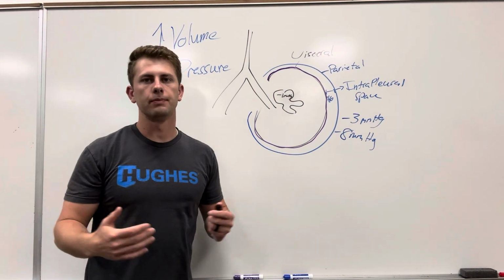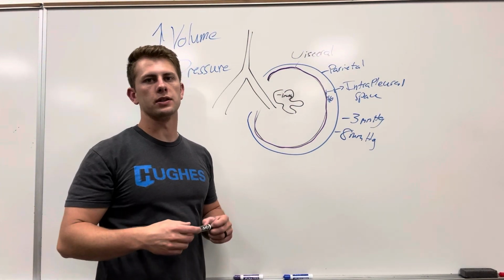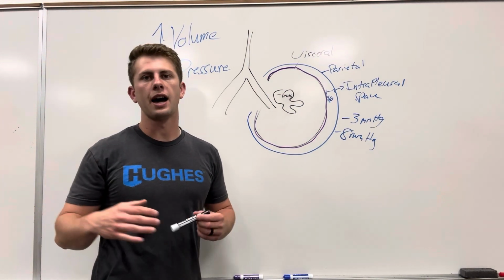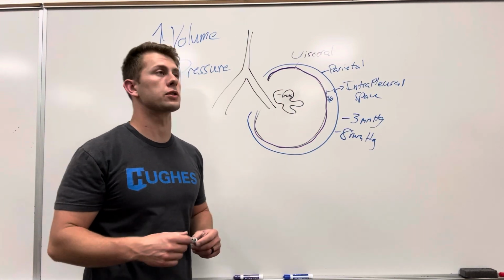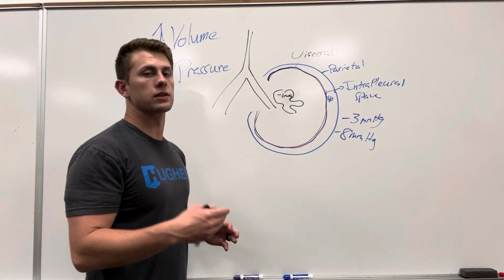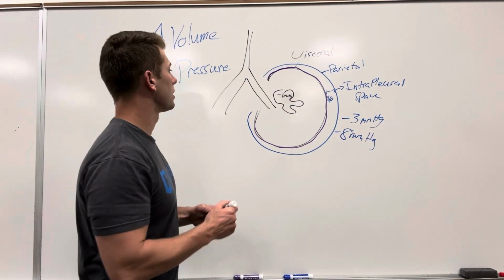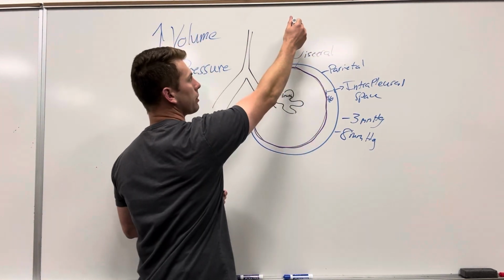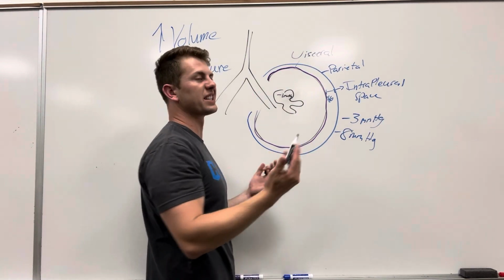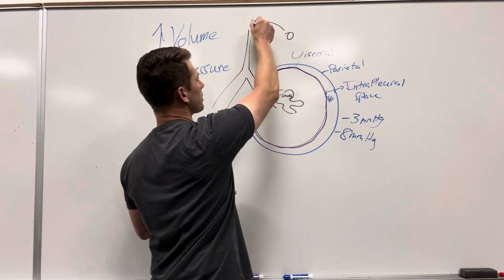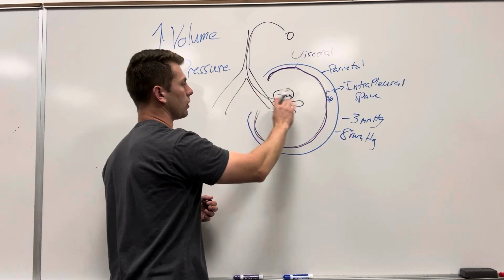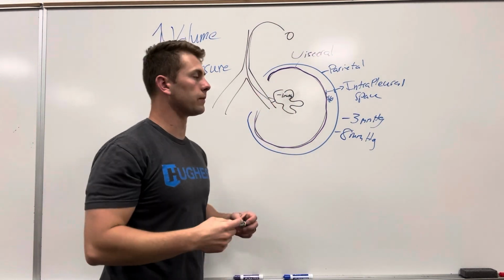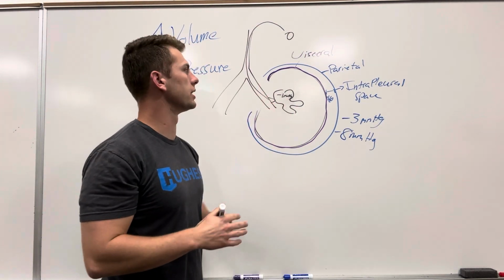Now gas goes from high to low concentrations, high to low pressure, similar to concentrations we've seen in blood vessels and cells and different things. So with this negative pressure and the outside pressure, it's 760, but we're going to measure it as 0. Air is going to rush into this alveoli. So as we inhale, air rushes in.